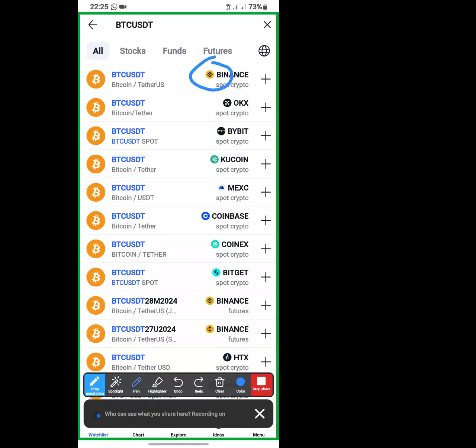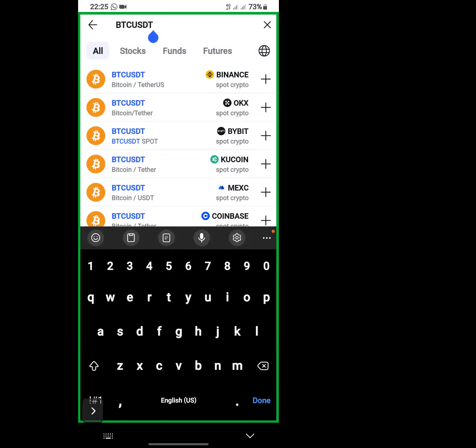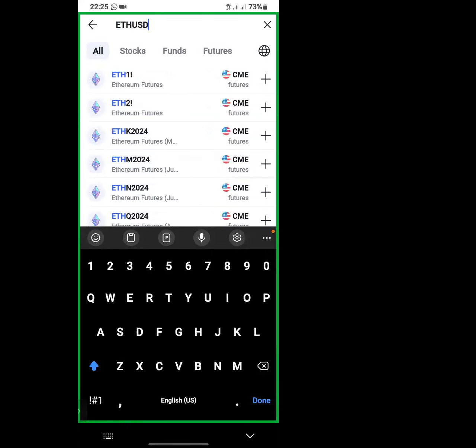So how do you add your currency on the watch list? You click here on the plus sign, and it will be added to your watch list, just like that. Then you can go on and add more currencies. ETH, USDT.